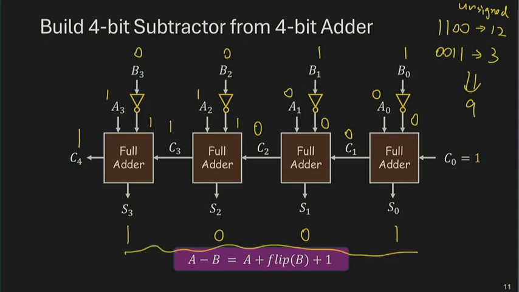This is an unsigned number 9, which is correct. We're applying the two's complement principle to convert a subtraction into an addition by flipping the second input variable and then adding 1 to it. In fact, you cannot flip A. You have to flip B to get essentially negative B, and then do an addition.